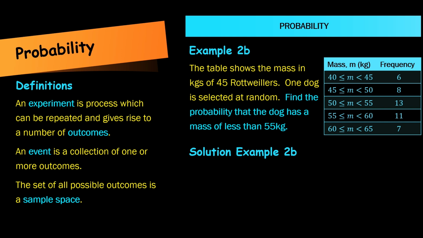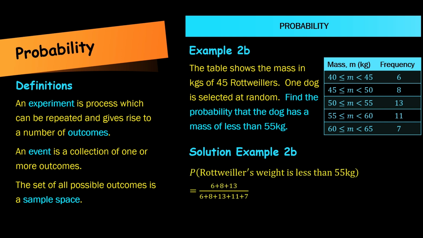And now for part B. Find the probability that the dog has a mass of less than 55 kg. So this time we're looking at the last three categories, and the last three categories have a frequency altogether of 6 plus 8 plus 13.